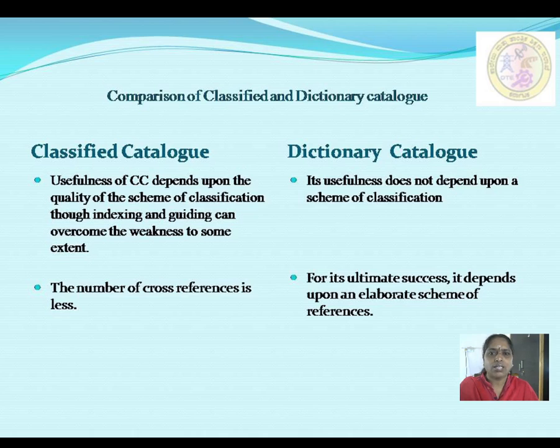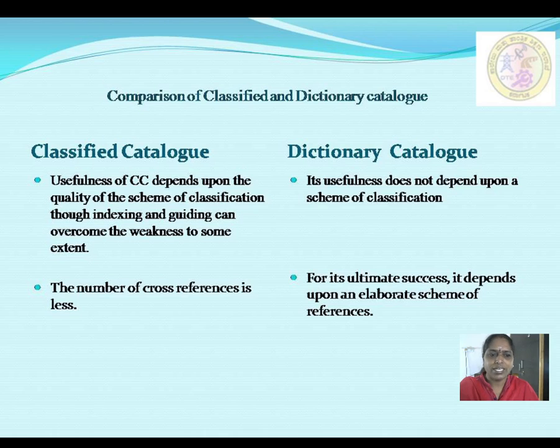When you go to the classified part, the main entry depends on the call number. So to write the call numbers, it is necessary for the classified catalog to depend on the scheme of classification which is used in the library.